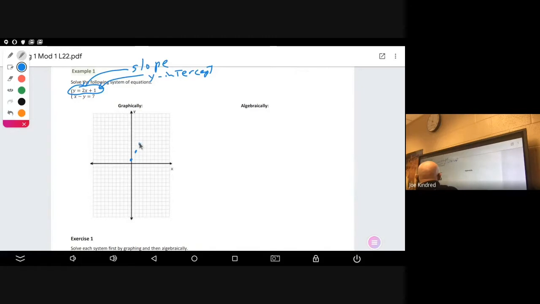I can just keep that on 2 and over 1. And I'm going to keep doing that until I get a pretty solid look at my line. And so that's the blue line.